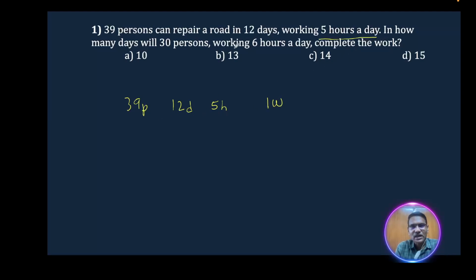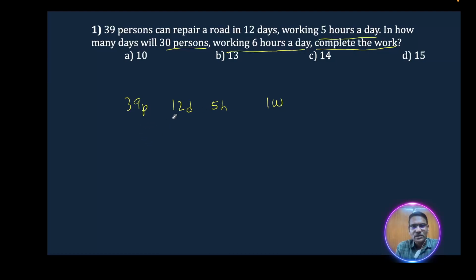The question is how many days will 30 persons working 6 hours a day take to complete the work? Initially 39 persons can do the same work in 12 days working 5 hours per day.